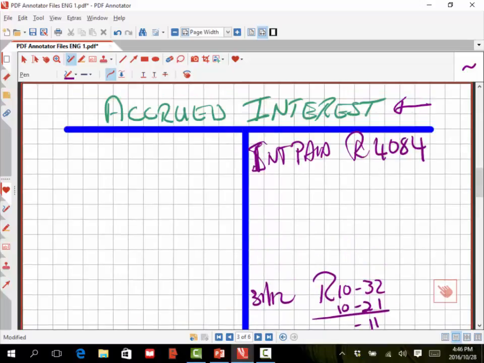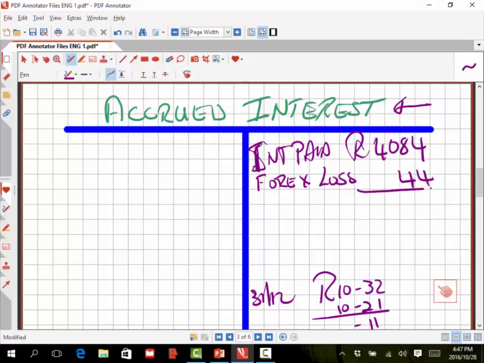So you're now going to adjust the interest accrued by 44 rands. Now what does that represent? That represents a foreign exchange loss, and that is a credit.